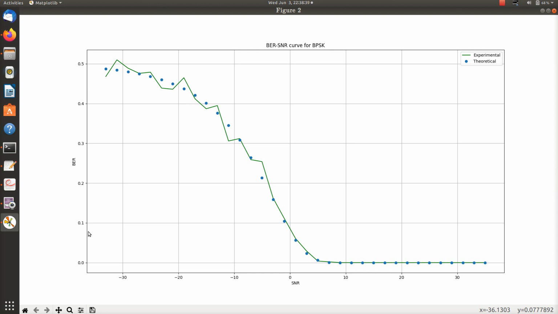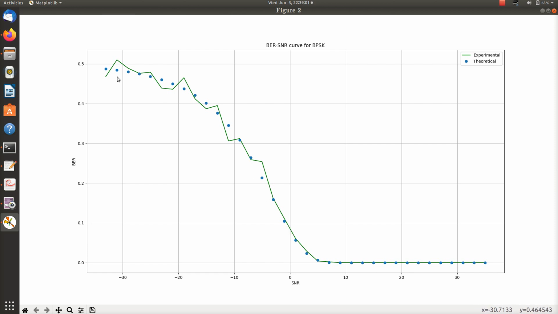But here this is not so. For SNR equal to 0 dB, it is well below 0.1. So less than 10% of the bits are in error at 0 dB SNR.